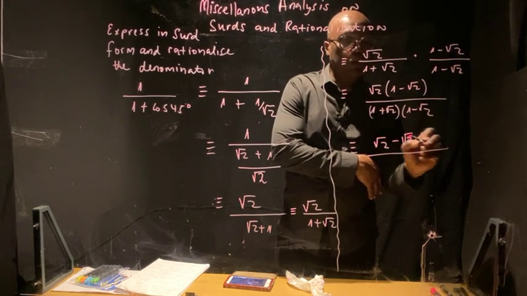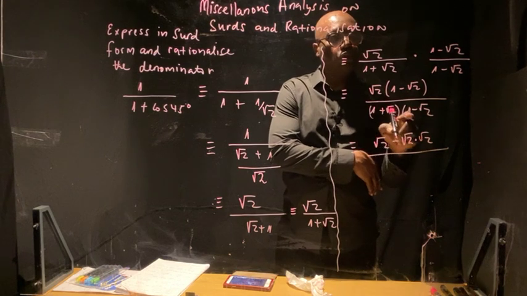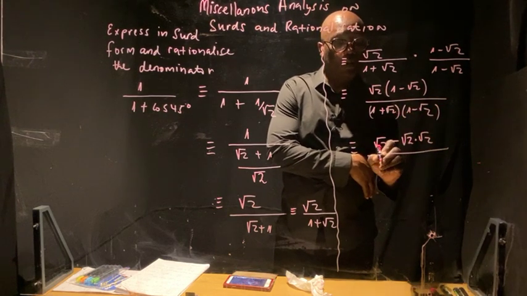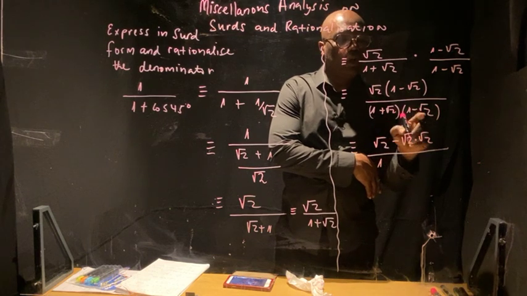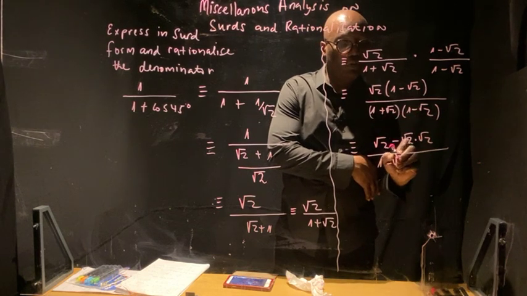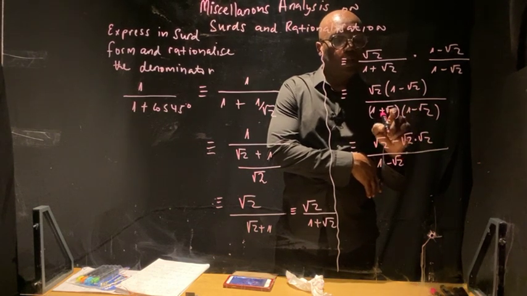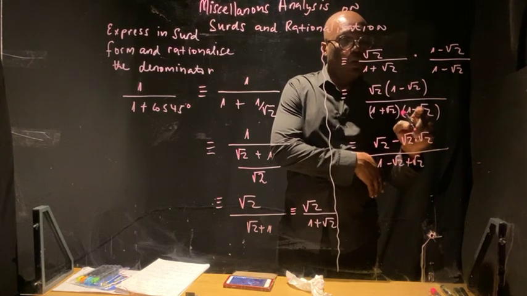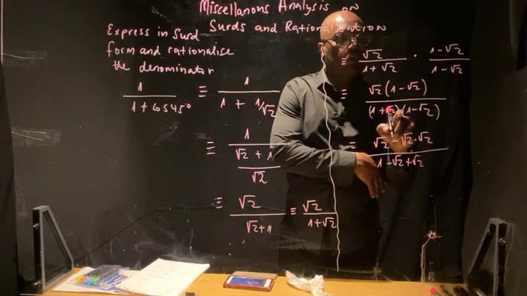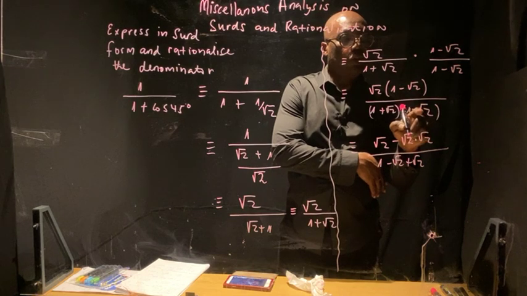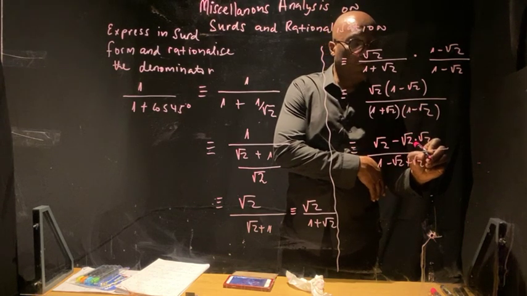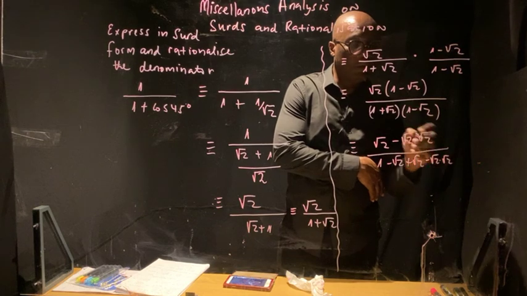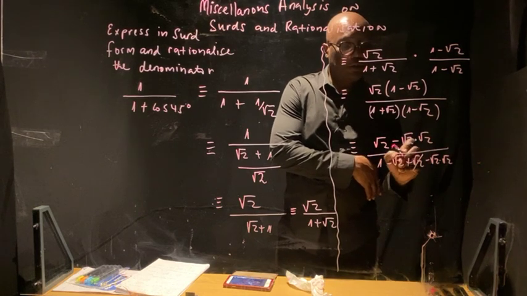And the denominator becomes 1 multiplied to 1, you have 1. 1 multiplied to minus root 2, you have minus root 2. 1 multiplied to root 2, you have plus root 2. Root 2 multiplied to minus root 2, you have minus root 2 multiplied to root 2. This one cancels this one.